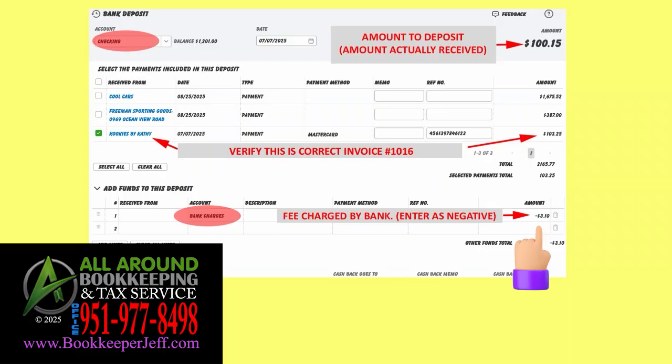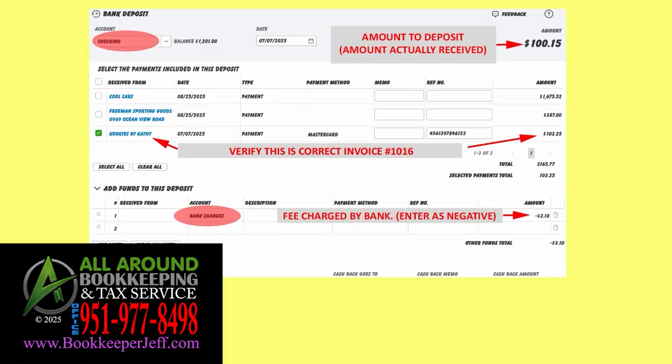And we're going to enter this amount in as a negative number because we want this to be subtracted from the invoice amount of $103.25 to give us our true deposit of $100.15. So this again, when the credit card processing company, we charge the customer $103.25. The processing company withholds their fee of $3.10 and they deposit in our bank account the $100.15 difference.